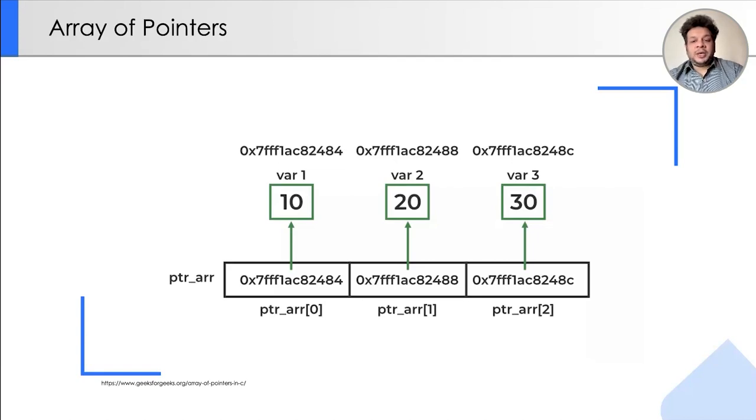For the first index, we point to 82488, and correspondingly the value 20 will be stored, because it is pointing to variable 2. Likewise, for the third one, we have ptr_arr[2], which means it lies at the third index, so it will show the value 30. In this way the memory representation works, and it shows how the respective pointer points to the different values.